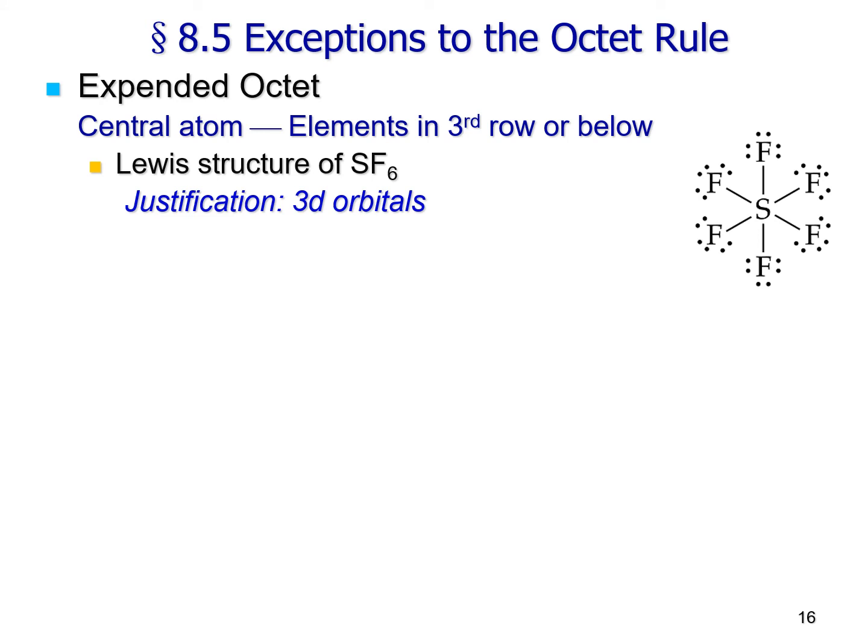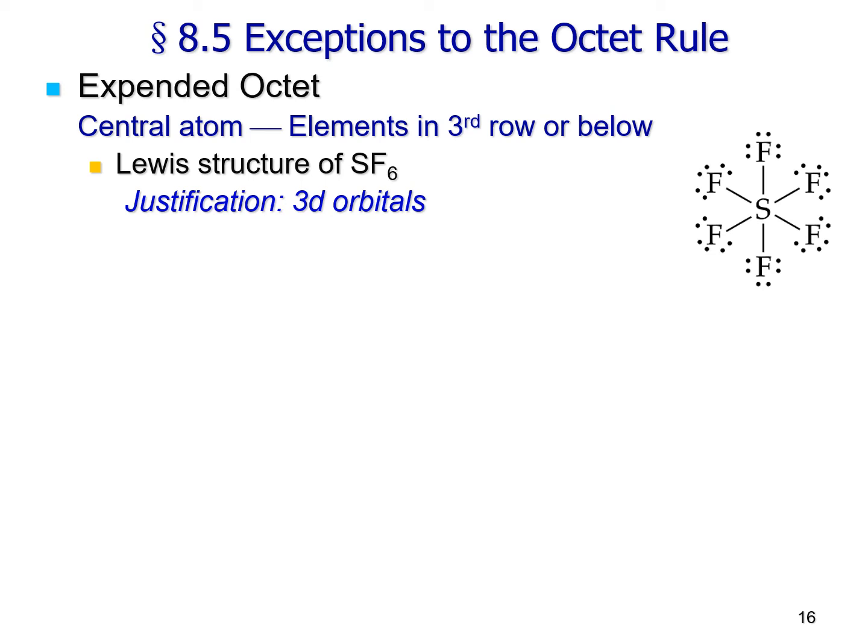Any explanation for that? Why does this element have to be in the third period? Remember, third period means n equals 3. If n equals 3, there are 3 subshells. We go all the way back to chapter 6 now. n equals 3 has subshells s, p, and d. The 3d subshell is there, and it has no electrons in it.